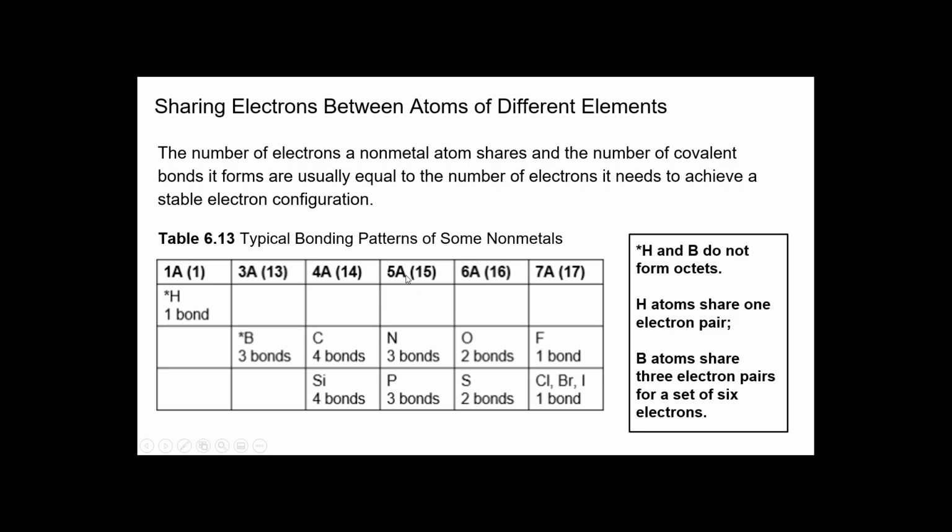Okay, now nitrogen, so what this is saying is in order to make an octet, here we start looking at it the other way. Nitrogen is 5A. You need 3 electrons in order to fill an octet. That means that the difference between 8 minus 5 is 3. These usually have 3 bonds.